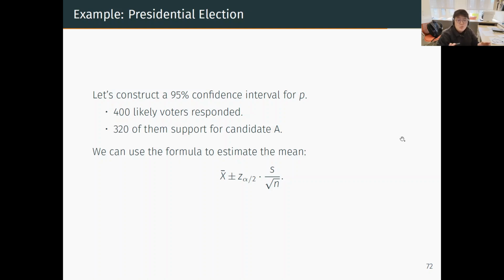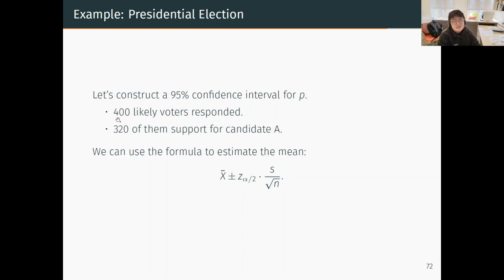Okay, now let's think about a simpler numerical example. I'm doing the same presidential election prediction, and I will calculate a 95% confidence interval for a candidate.